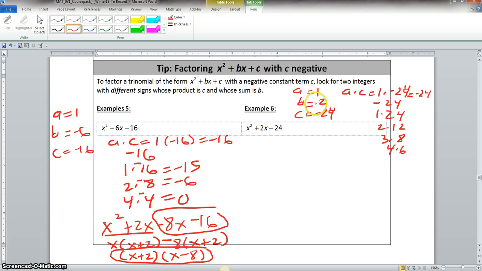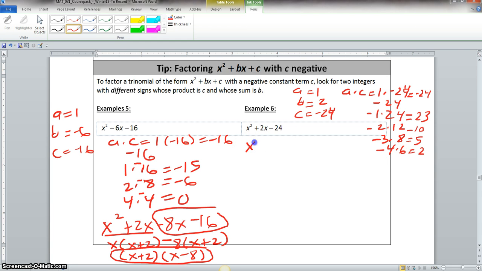So our C is negative, but our B is positive. That means that the smaller number will be negative. Now when we add these numbers together, this will be 23, 10, 5, and 2. So B is 2, so we want to use negative 4 and 6.